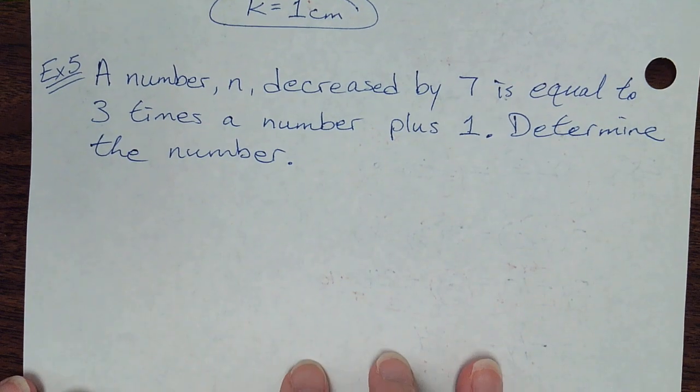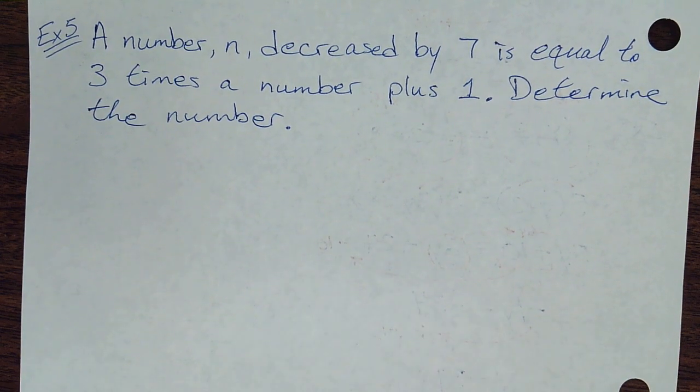Okay. If you're wondering why they can't just tell you the number, I don't know why. They want you to solve for the number without telling you what that number is. Okay, a number n decreased by 7 is equal to 3 times a number plus 1. Determine the number.